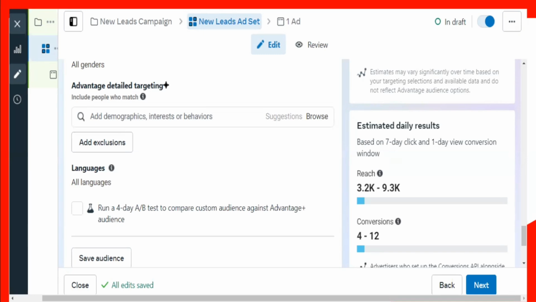You are into real estate, you know the type of customers that you want. You are a car dealer, you know the type of customer that you want. You are into furniture making, you know the interest, right? The interest, the demographic of your customers. So you type in there, and then Facebook would search for those customers for you. And of course, the languages, you can choose English as a language.